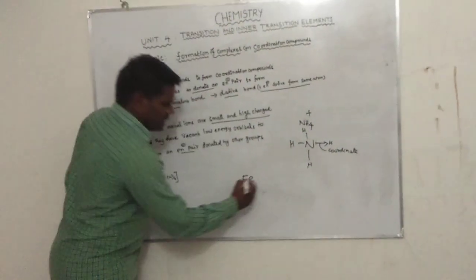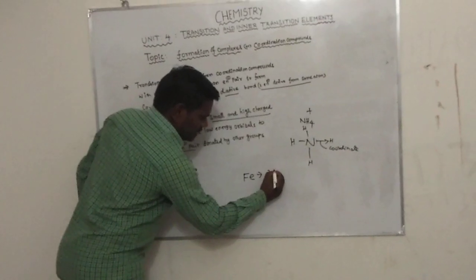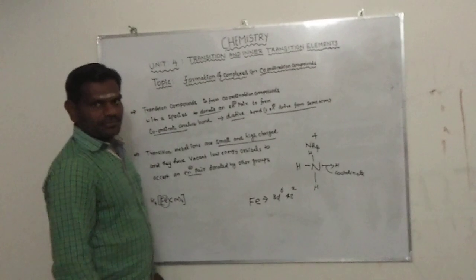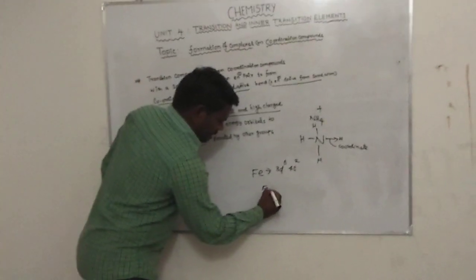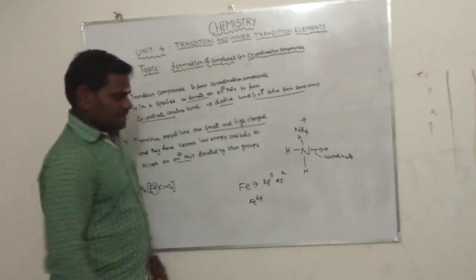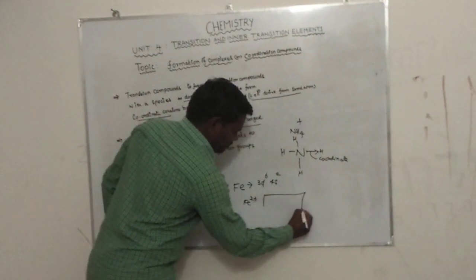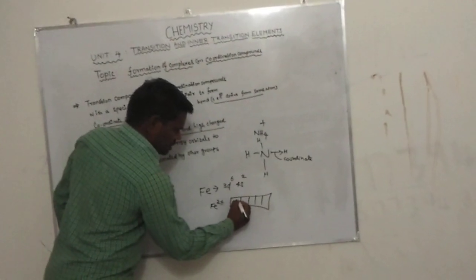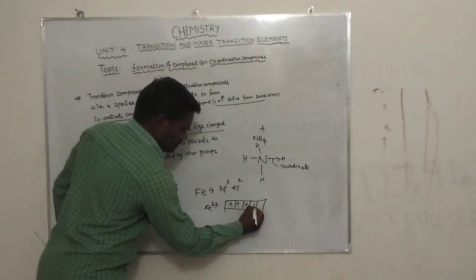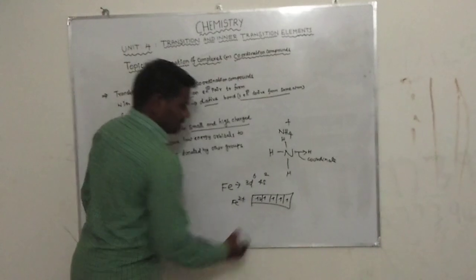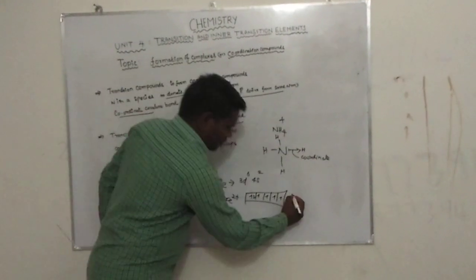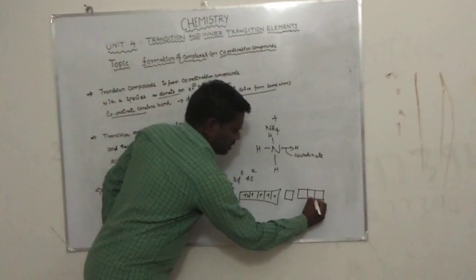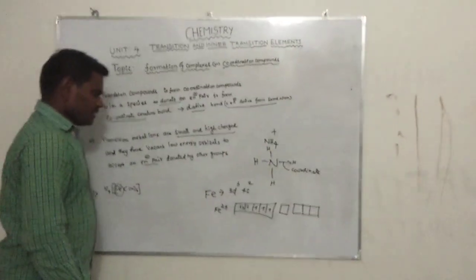The configuration is 3d6 4s2. Here the metal ion is Fe2+. Six electrons are there in the 3d shell, and 4s and 4p are vacant orbitals.